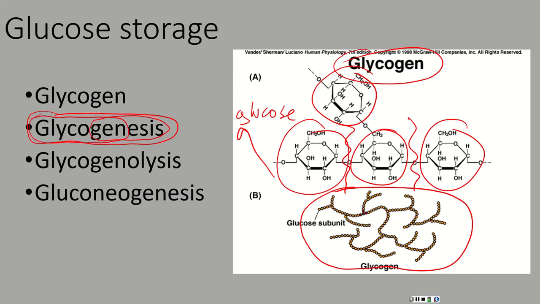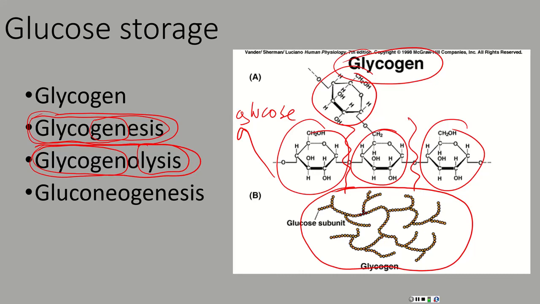So glycogenesis is forming glycogen from glucose. And what about this second process where we take the glycogen and we break it apart to free up some glucose? That's called glycogenolysis. Remember, lysis means to split. Splitting what? Splitting glycogen. So glycogenolysis is making glucose from glycogen.